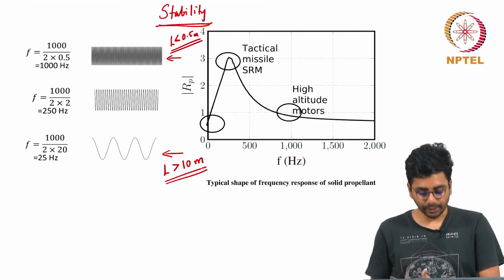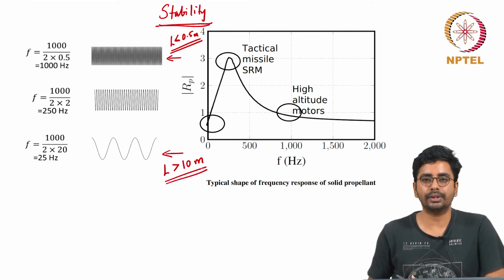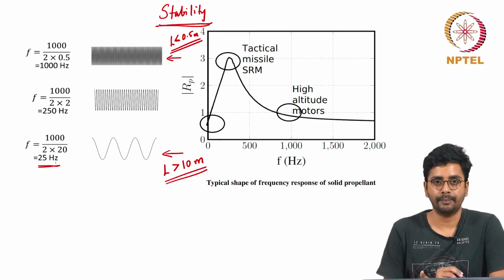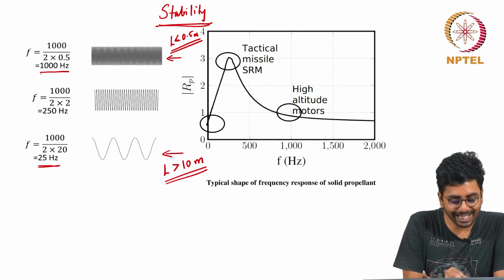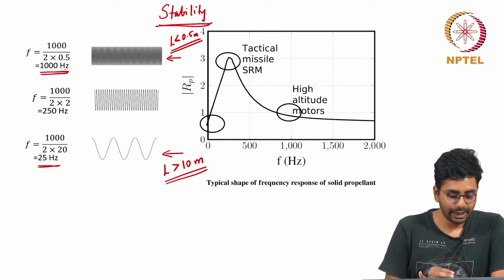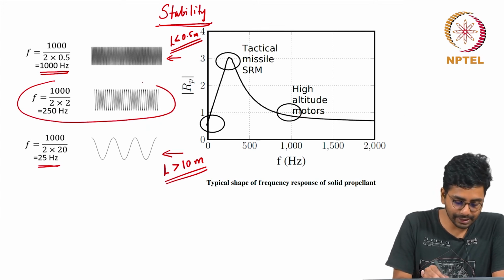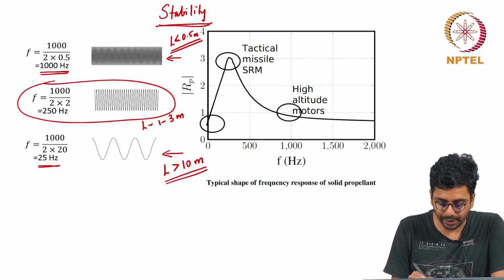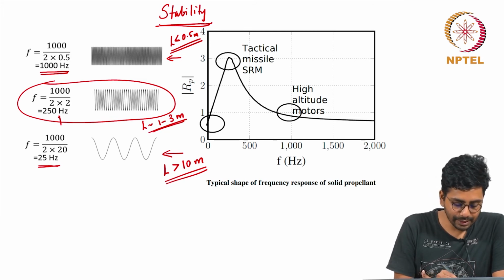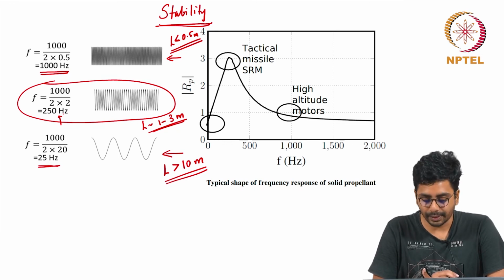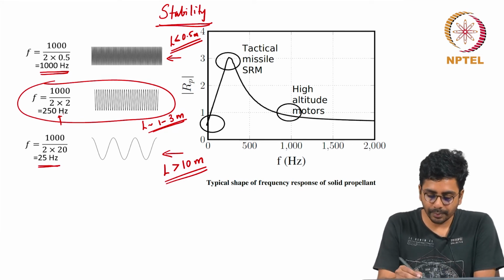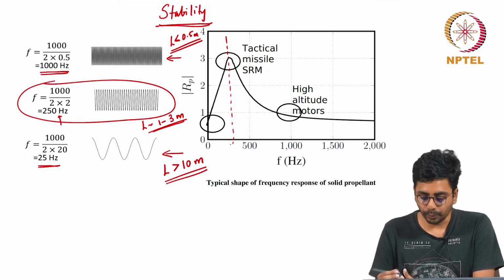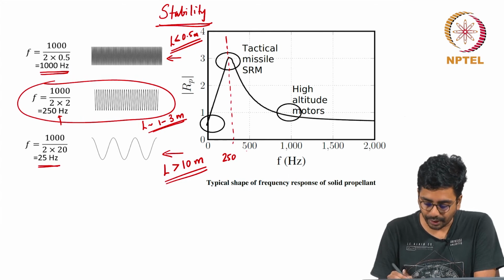And as it turns out, this is because the fundamental longitudinal mode frequency for a very long rocket motor is very low, only 25 hertz, and for a very short rocket it is very high, about 1000 hertz. It is only intermediate sized rockets, a few meters long, 1 to 3 meters or so, where the frequency is about 250 hertz, and the composite solid propellant responds to perturbations around 250 hertz.